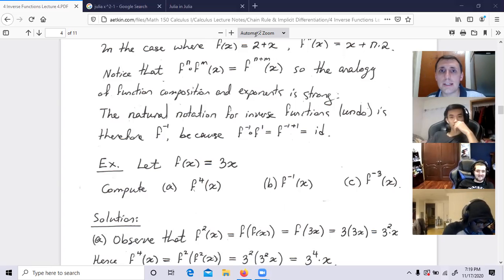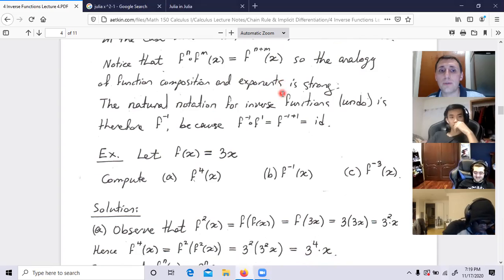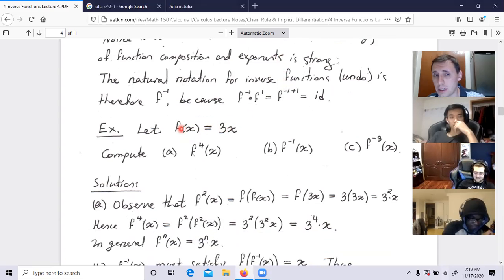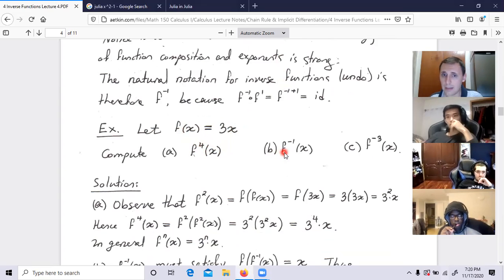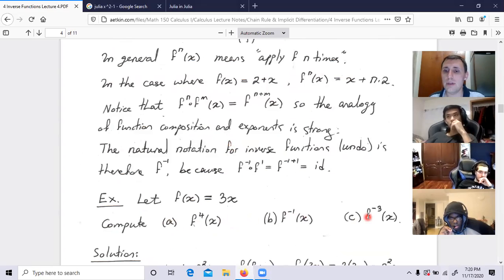Okay, so let's see if you understand it, guys, as quickly as you possibly can. Here is a very simple function. F of x is 3 times x. I want you to tell me what's f to the 4 of x. F composed with itself 4 times. That's what it means. It's not f multiplied by itself 4 times. It's f eats itself 4 times. And then tell me what's b and what's c. Understood? A, b, and c, please, quickly, because we want to move.